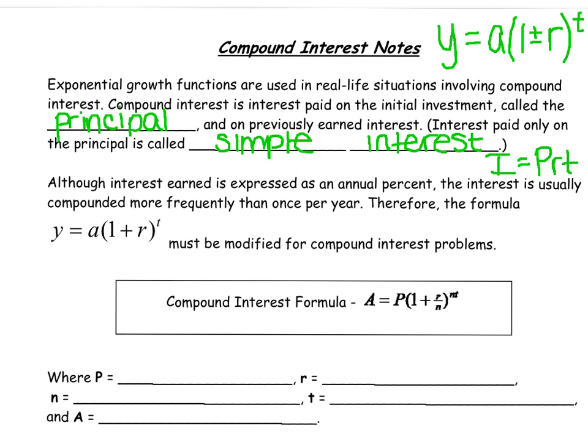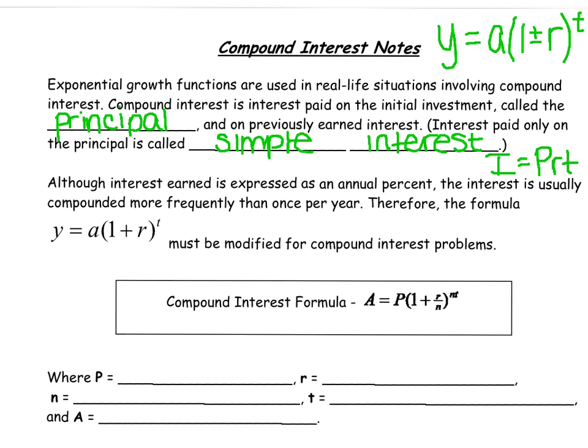Compound interest is like a bank account where you put in your principal amount, that's the amount that you deposited, and then you make, let's say, 2% interest on what's in the bank account. So every time you get paid a little bit more in interest, that amount that you're going to get is going to increase because you're getting just a little bit more interest every time because the bank account is growing larger and larger.